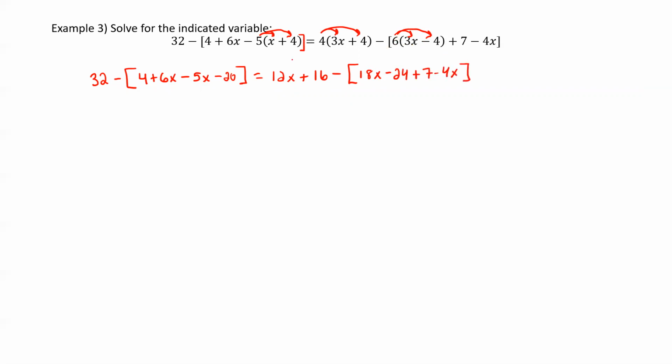Okay, so now once those parentheses are done, now we can work with the bigger brackets. So let's simplify everything inside these big brackets next. So 32 minus, let's combine all these like terms. 4 minus 20 is -16, right? 6x minus 5x is plus x, just 1x, right? Equals, simplify the other side now, plus 16 minus, this is going to be 18x minus 4x, just 14x, right?